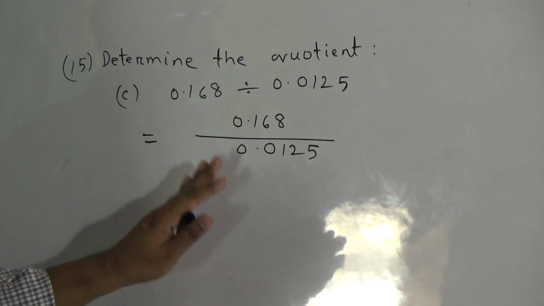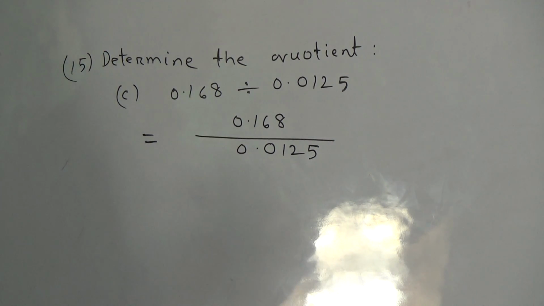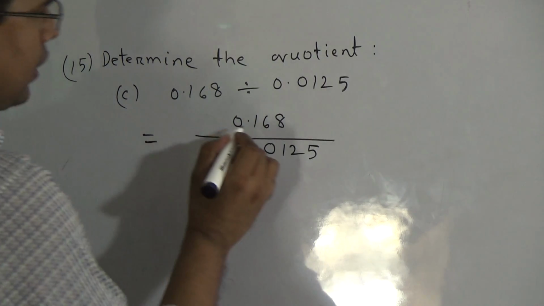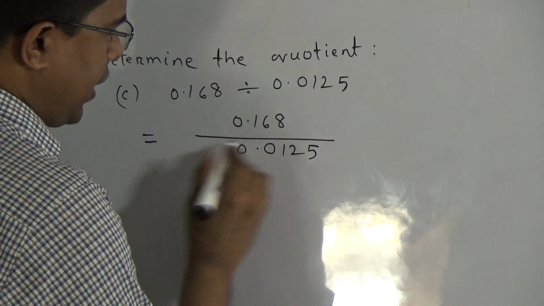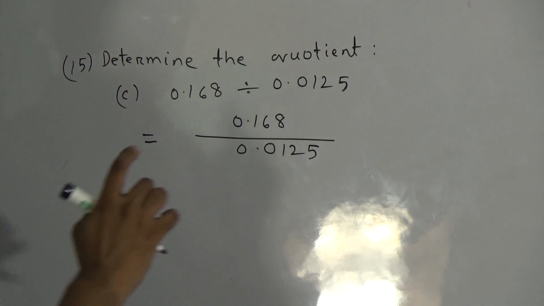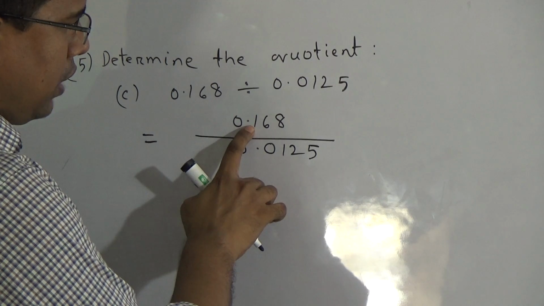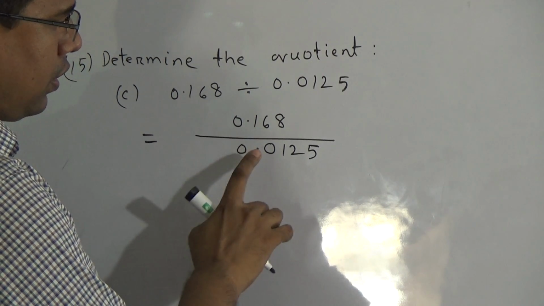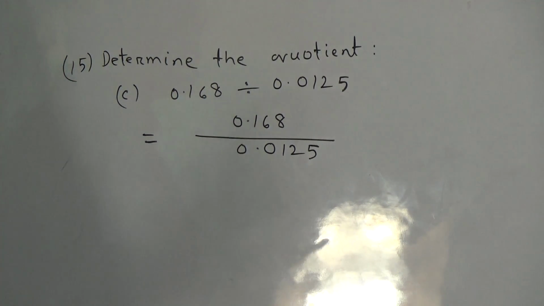Dear students, in this fraction, in the numerator and denominator, decimal points exist. So at first we will try to remove these decimal points, so we have to multiply the numerator and the denominator by 10,000.